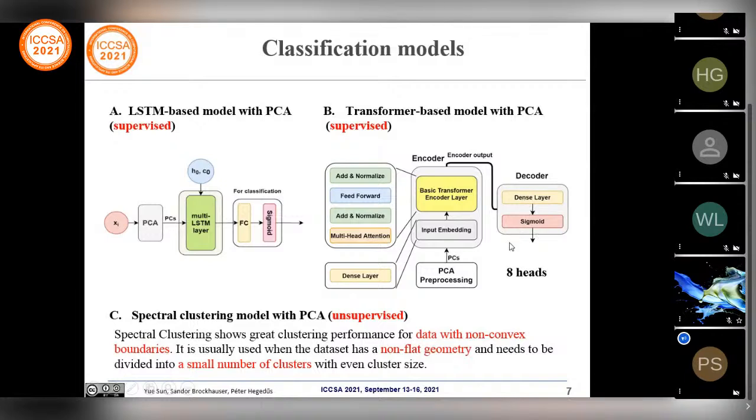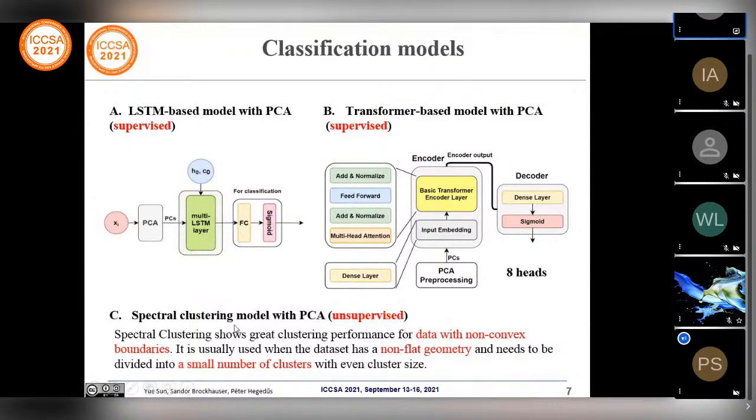And for the decoder part, we apply a dense layer with sigmoid as the activation function for the classification task. In these two models, we did not consider the connections between spectral curves at different time steps, so we just consider the interconnections of the features.